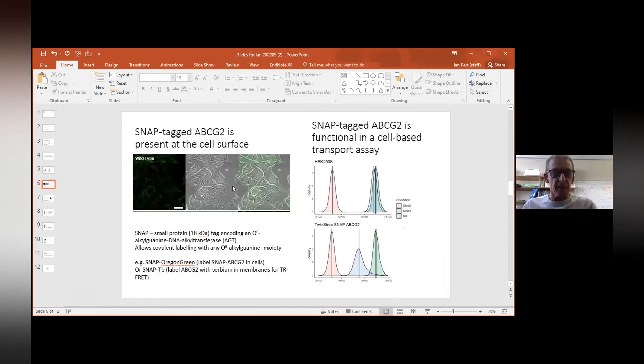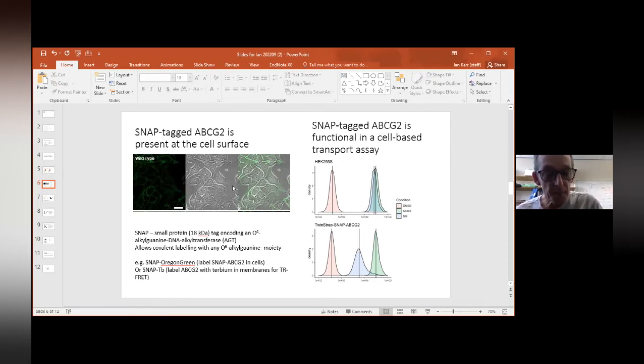And the way we've tagged our protein with terbium is to take advantage of a protein tag known as the SNAP tag. Now, the SNAP tag is a smallish 18 kilodalton protein. It's an O6-alkylguanine DNA alkyltransferase protein.